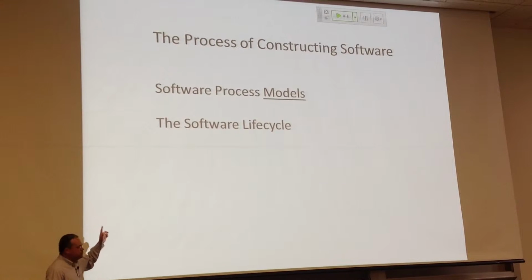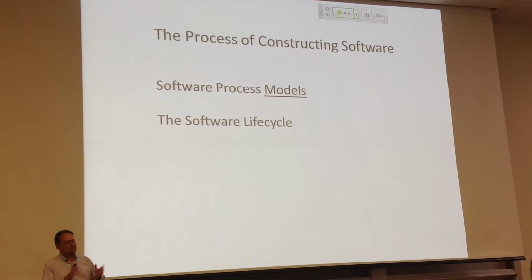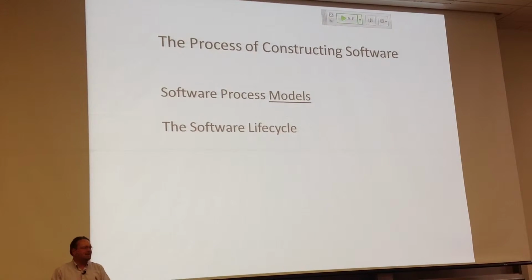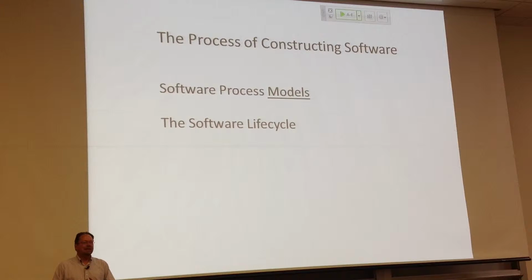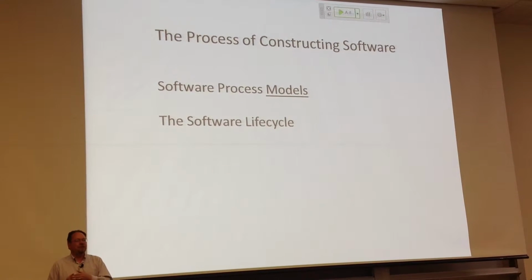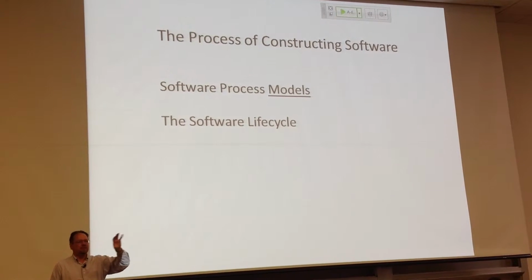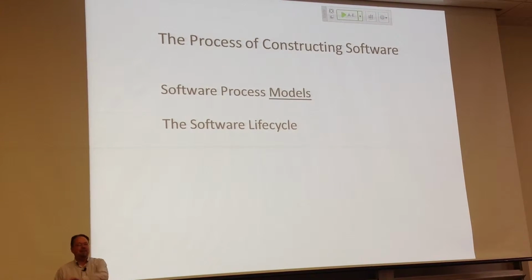Okay? There's also a term that comes up sometimes, the software life cycle, and you'll hear this term used in some readings. It's sometimes used for the same idea as software process model. The cycle part is the idea that software is designed, built, deployed to users, and then that happens again.